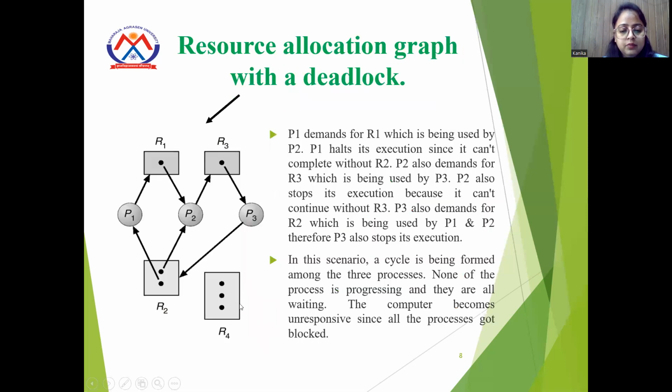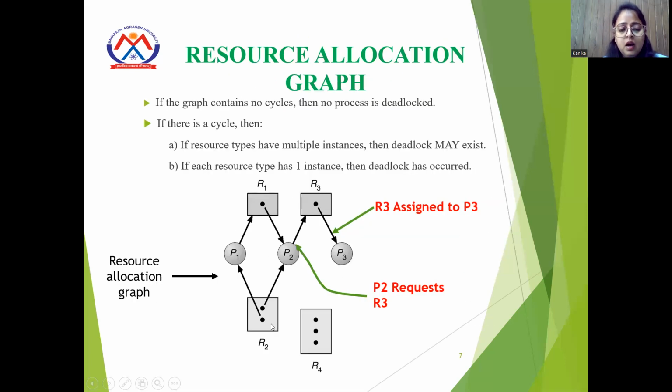And R2 has two instances. One instance is assigned to process P1, and one instance is assigned to process P2. And R4 has three instances which are not assigned to any process.